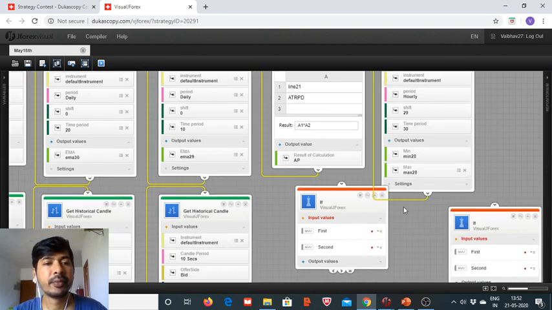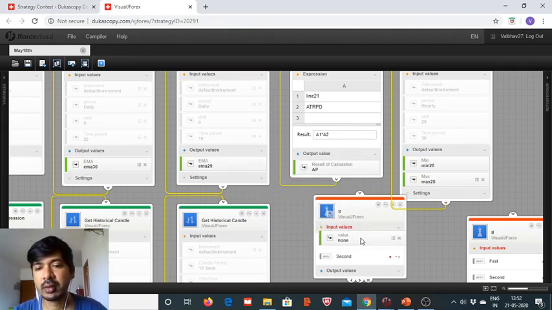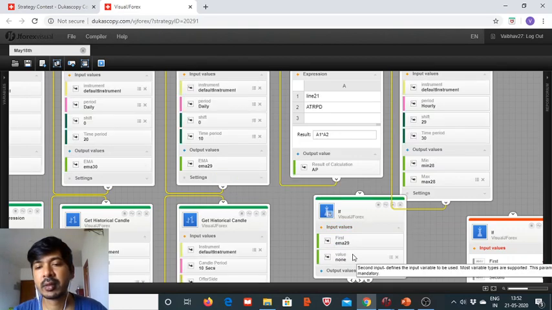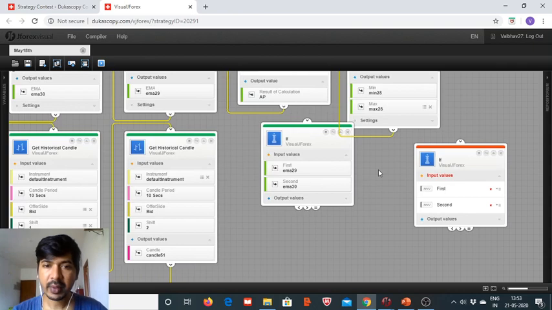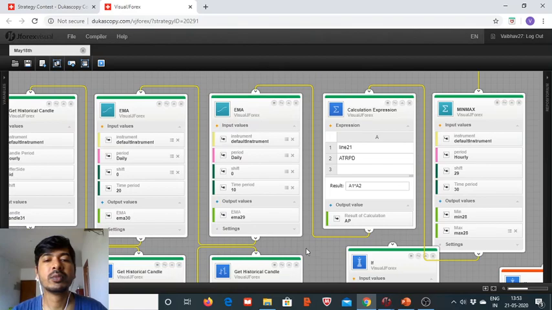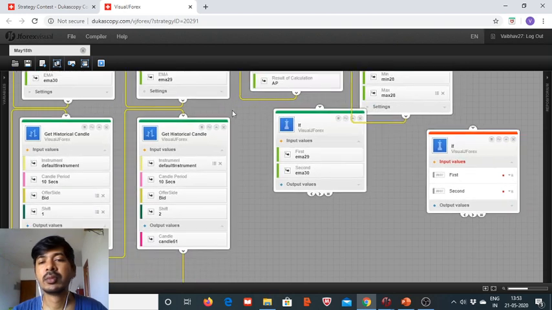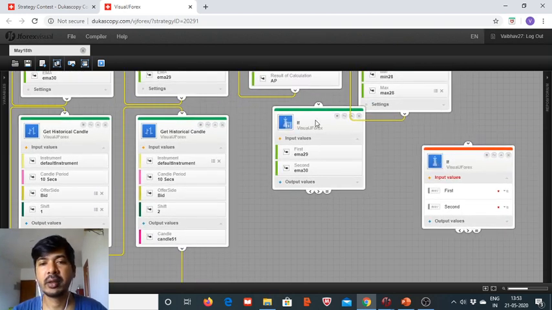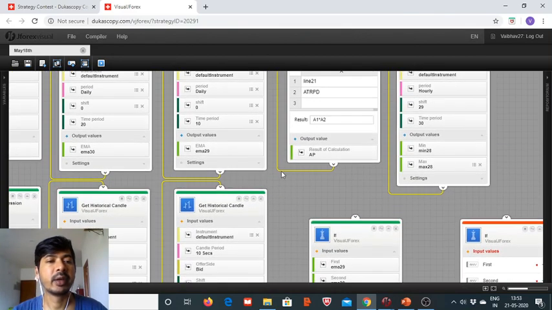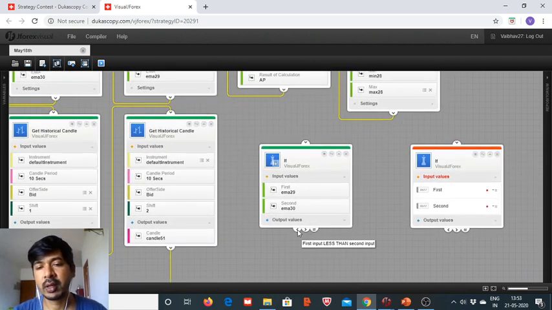Let us take EMA 29 and EMA 30. So EMA 29 is 10 days exponential moving average, and EMA 30 is 20 days exponential moving average. So it should be less.